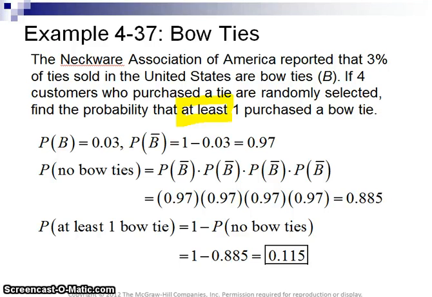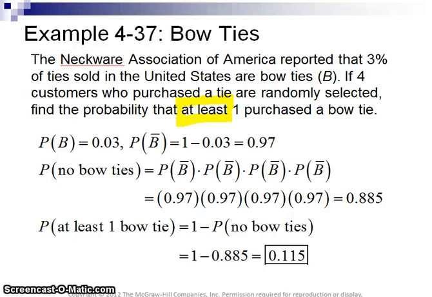If 4 customers who purchased a tie are randomly selected, find the probability that at least one purchased a bow tie. Now, to find out the probability that at least one purchased the bow tie means that you could have 1 purchase it, or 2 people purchased a bow tie, or 3 people purchased a bow tie, or 4 people purchased a bow tie. So really you're looking for all those. 1, 2, 3, 4. That's kind of hard to find.